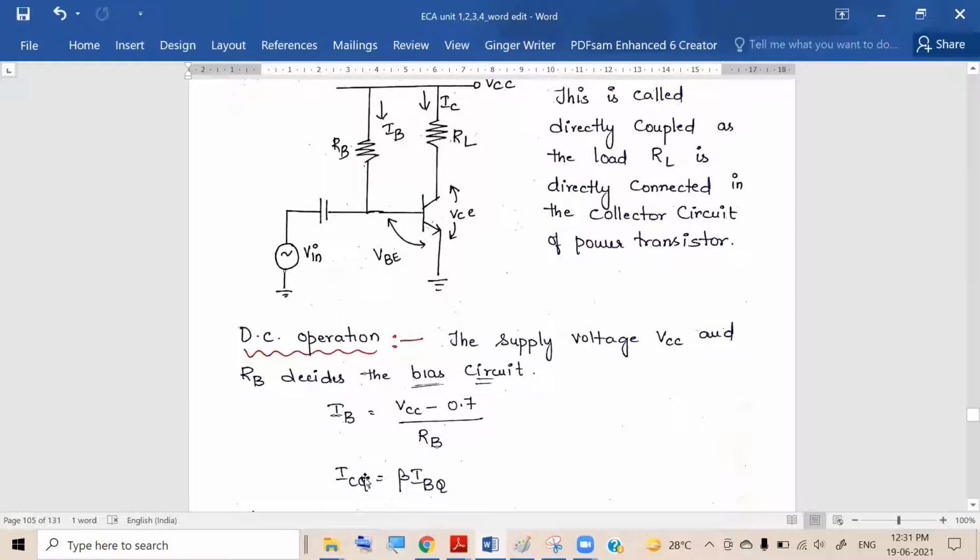The Q indicates we are considering only the DC condition. Here also this is IBQ; we are considering only the DC condition. Usually beta is a constant.